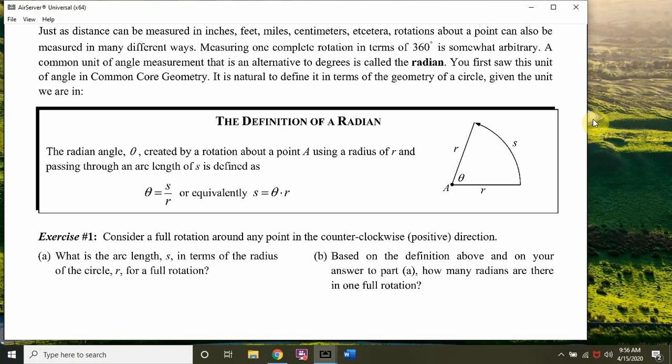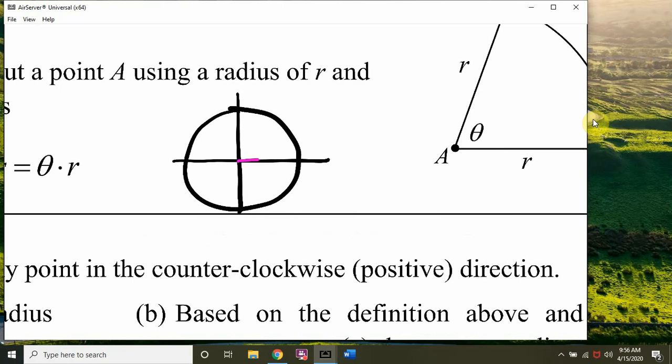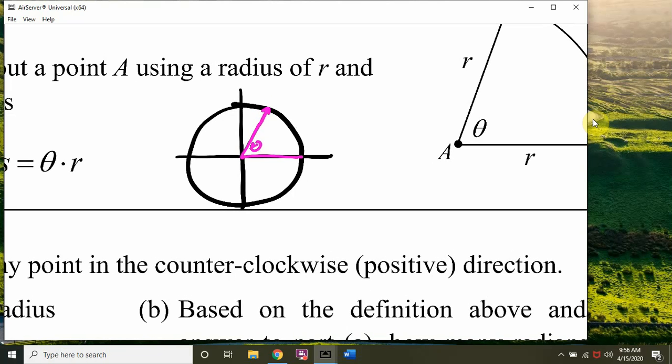Okay, the diagram's okay, I guess. But in general, let's suppose I have a circle centered at the origin, okay? And I measure some angle. I'm going to call that theta. So I'm going to start here, and here I measure up somewhere in the first quadrant. There's my angle theta, that guy right there. Now, if you think about it, this length is basically the radius of the circle, right?